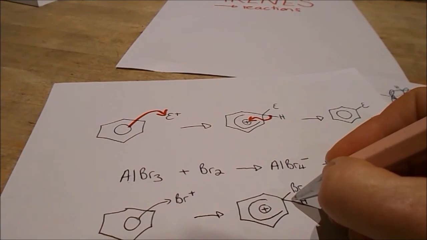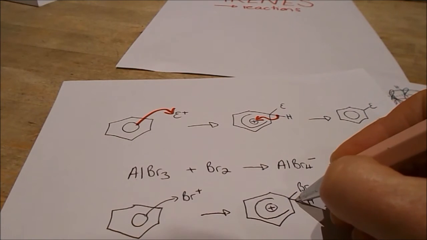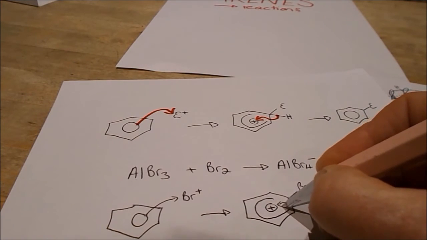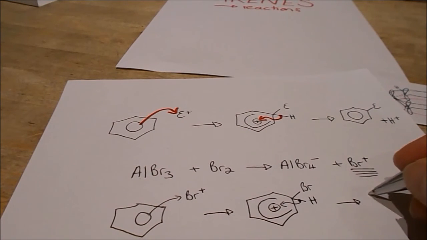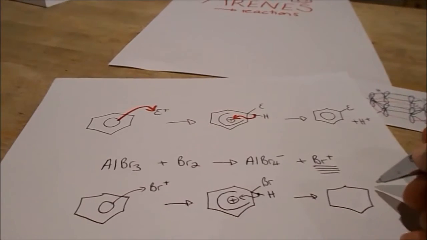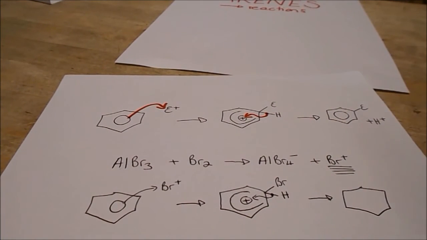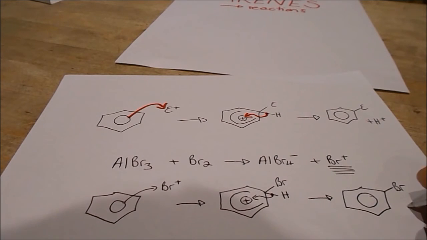This is our intermediate. Then we break the carbon-hydrogen bond, and the electrons from that come back and reform the ring. So we can draw that out, we reform the ring, and we've got our bromine and our H+.